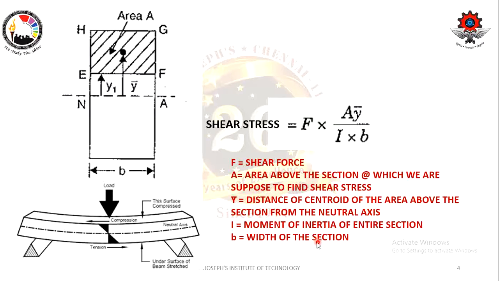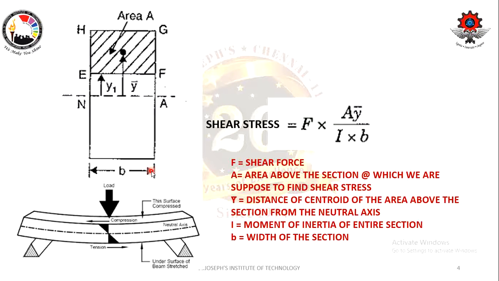B is the width of the section. At this junction, what is the width? That is B. So this is the depth and this is the width, as per the rectangular cross section.